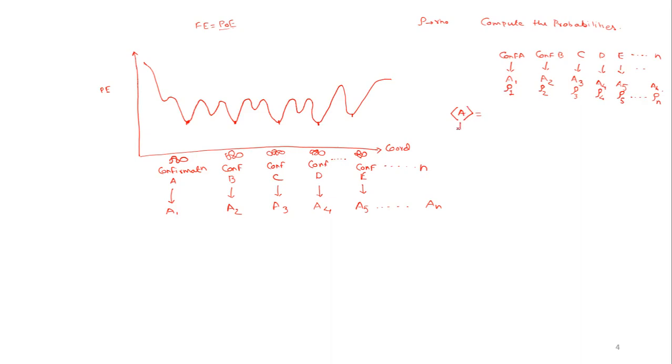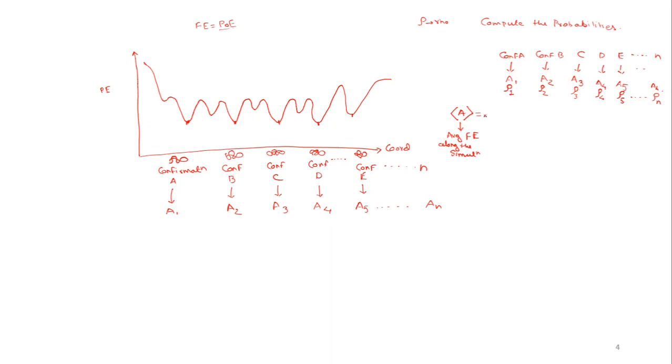This corresponds to the average free energy of our protein-ligand system, or protein system in water, along the simulation. And how can we average it?